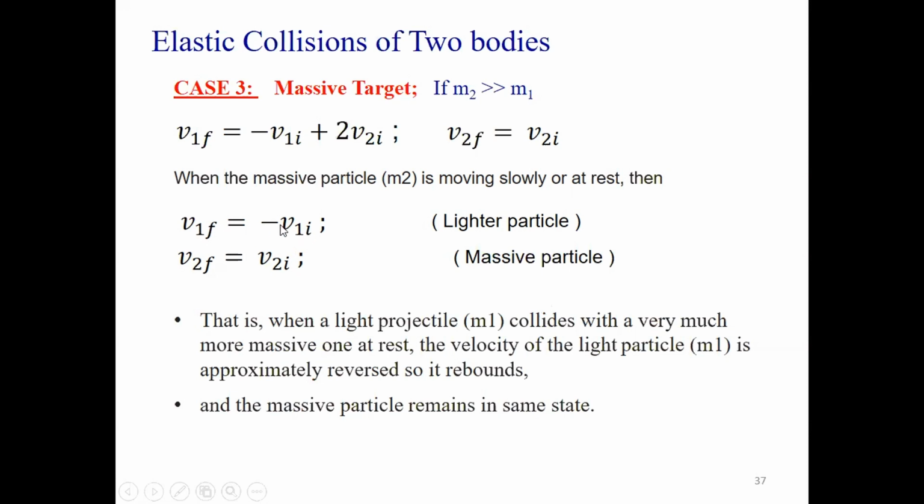So the lighter particle will collide and will bounce back with the same velocity with which it came. And the final velocity of the particle number 2 will not change, it will remain the same.